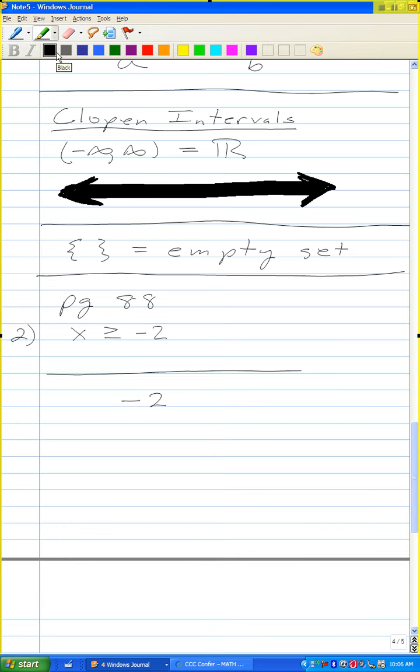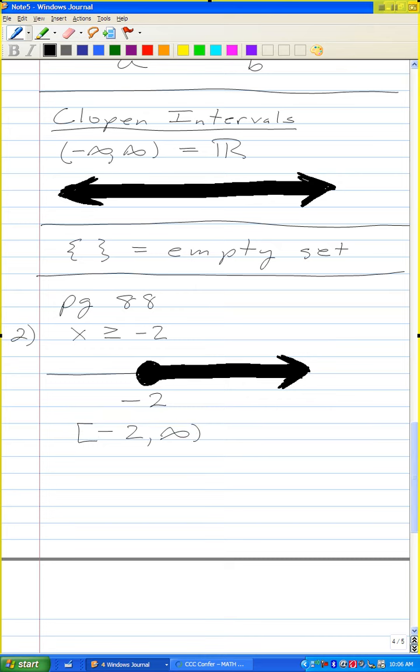And it is greater than or equal to, so I'll fill in the equal, and it is greater than. And so let me actually write this in interval notation. So it's the closed interval from -2 to infinity.